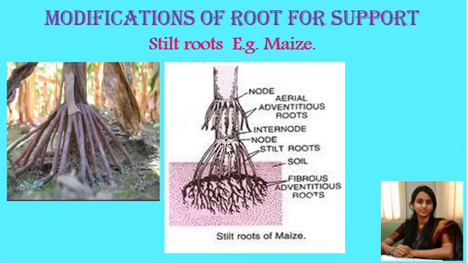Okay, look at this diagram. This is the fibrous root system, and from the basal node some structures arise, and when they reach the soil they provide mechanical support to the plant body. Hence these are known as stilt roots. In case of maize, jowar and sugarcane, the stilt roots are adventitious roots and they are meant for mechanical support.